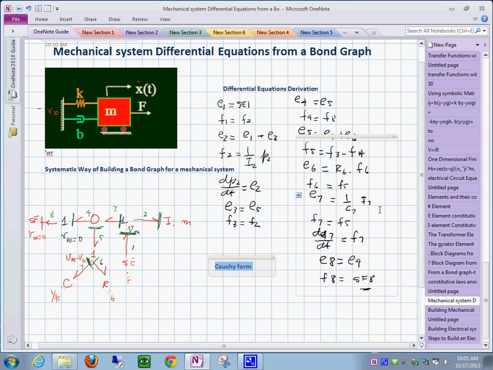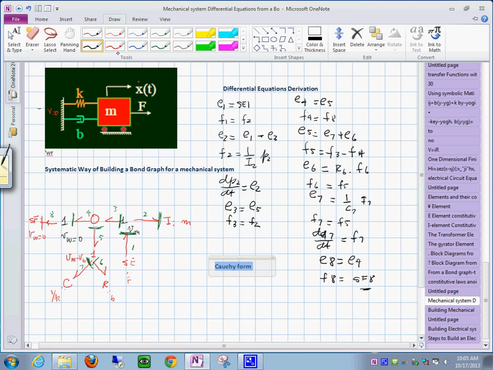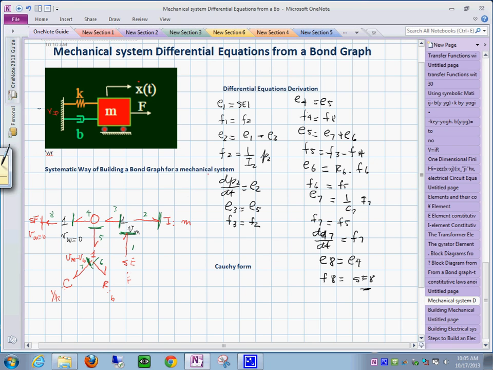Now, you see, when you have gotten to this point, take a look at this. This one in here, plus this other one in here, these are the differential equations of the system.